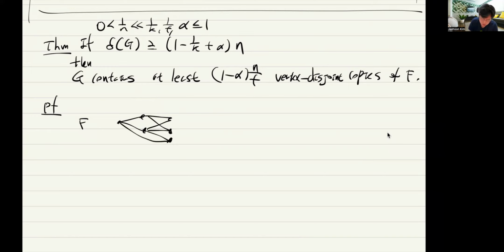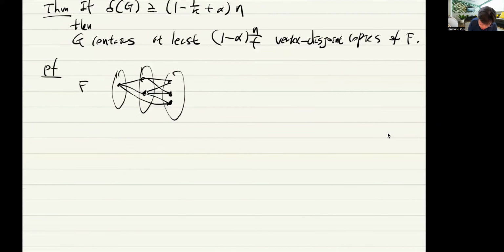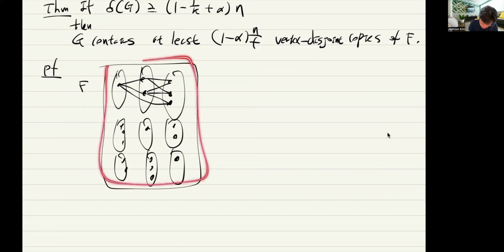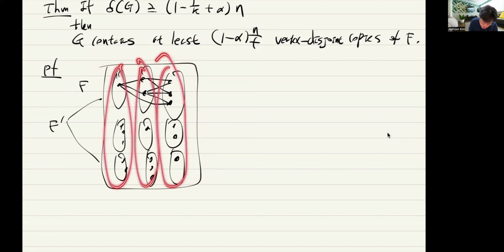Then it has one vertex here, two vertices here, three vertices here, so it doesn't have an equitable partition. But what you do is you draw this one more time with one vertex here and two vertices here, and then draw this one more time, and then you take a union of three of them. So this is a disjoint union, and let's say F prime is the union, and this has an equitable partition.